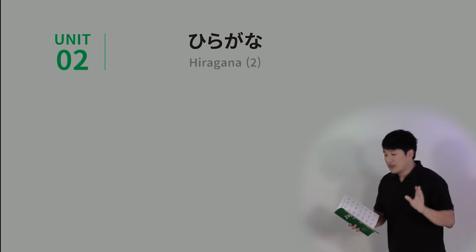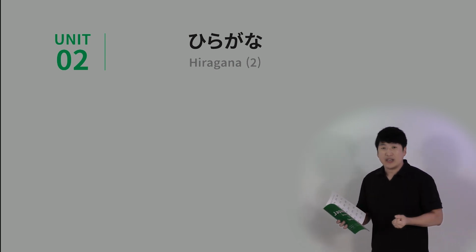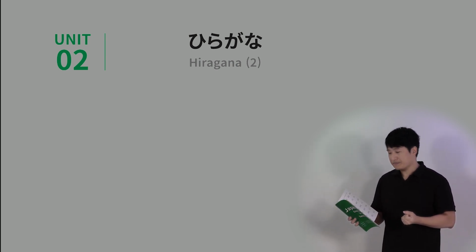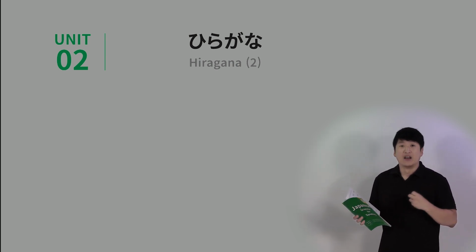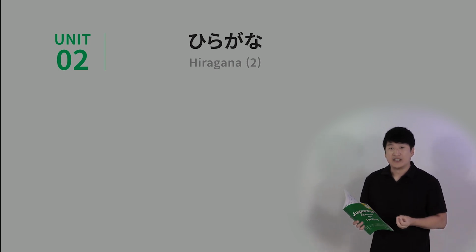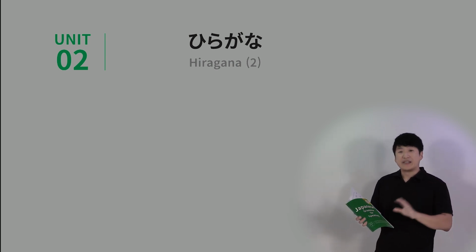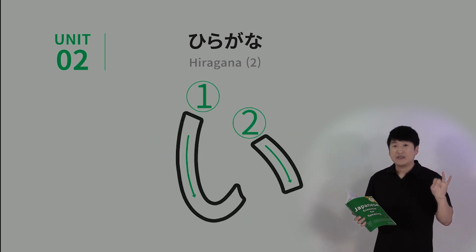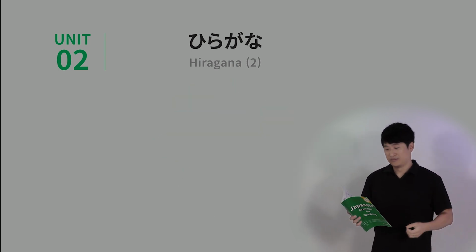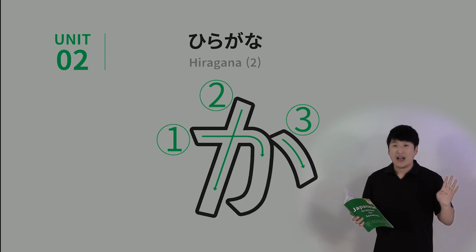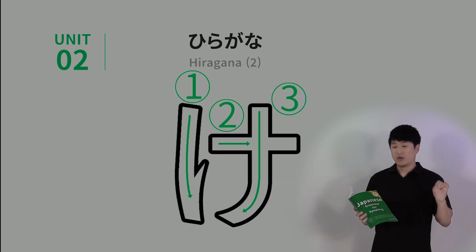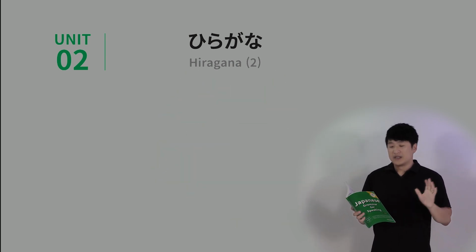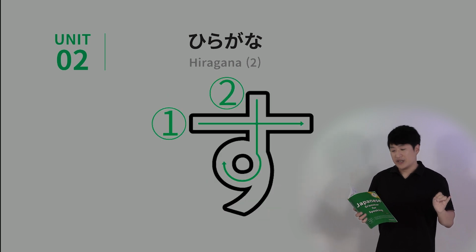All right, if you see Unit number 2, there's also hiragana. You can practice this a little more, but a little faster. Let's get started. A, I, U, E, O. Ka, Ki, Ku, Ke, Ko. Sa, Shi, Su, Se, So.